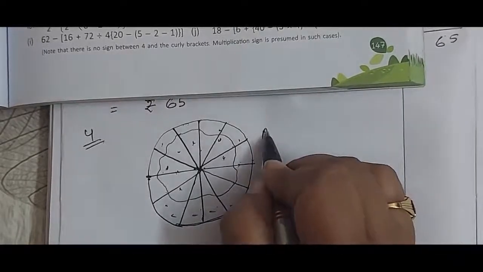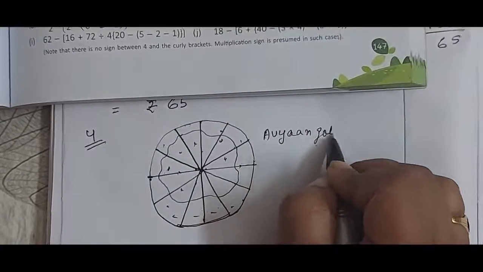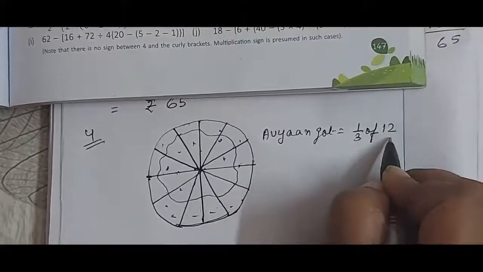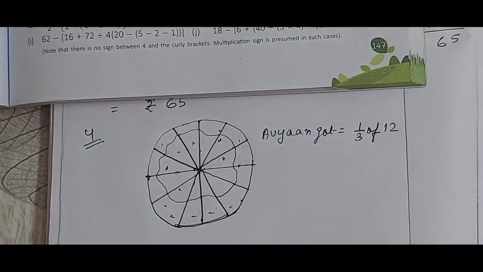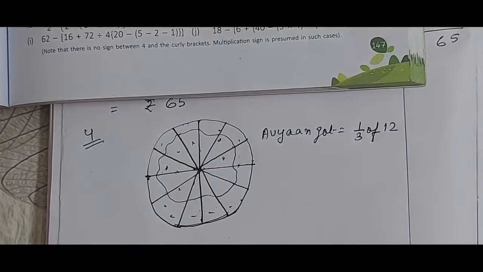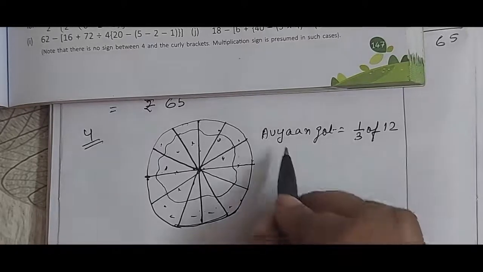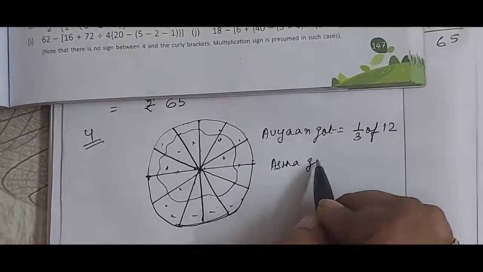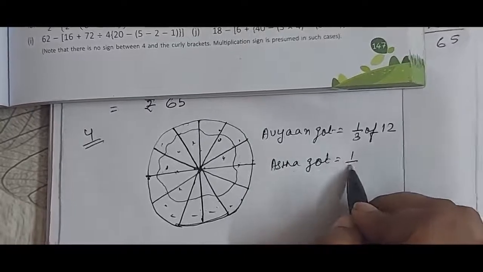So we can say Ayan got 1/3 of 12. Okay, how much did Astha eat? Astha got 1/4 of the pizza, means 1/4 of 12.